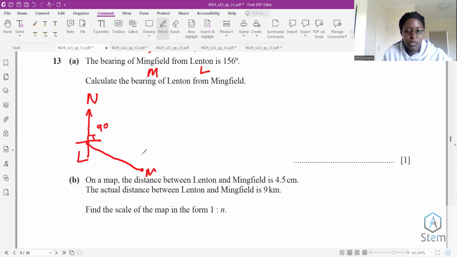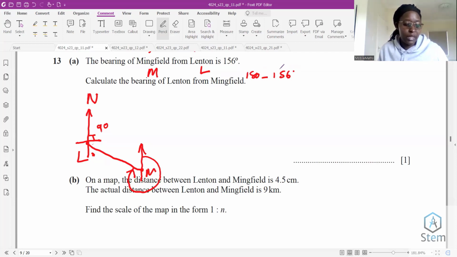Now they say calculate the bearing of Langton from Mean Field. So we are now starting from here, and you can have your true north here. The bearing we want is this whole bearing that I've indicated. To get that, this angle here is an alternate angle, so I can say 180 degrees minus 156 degrees.